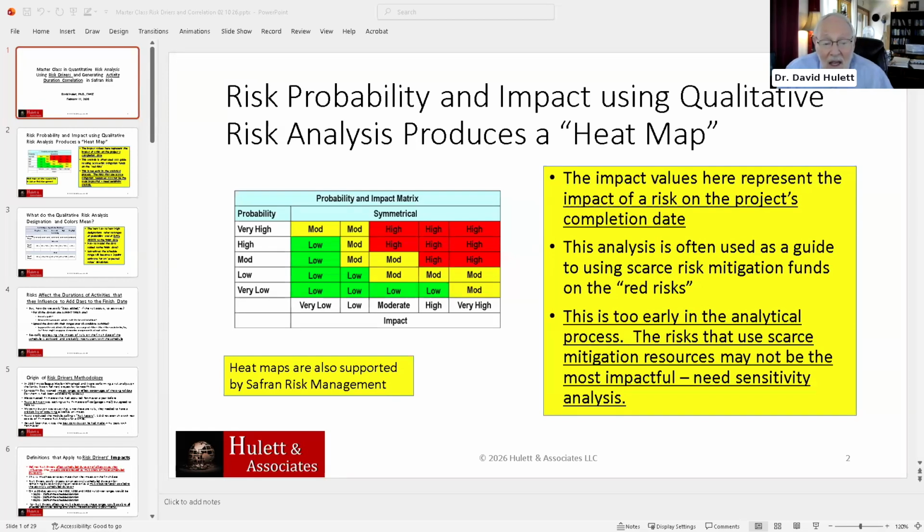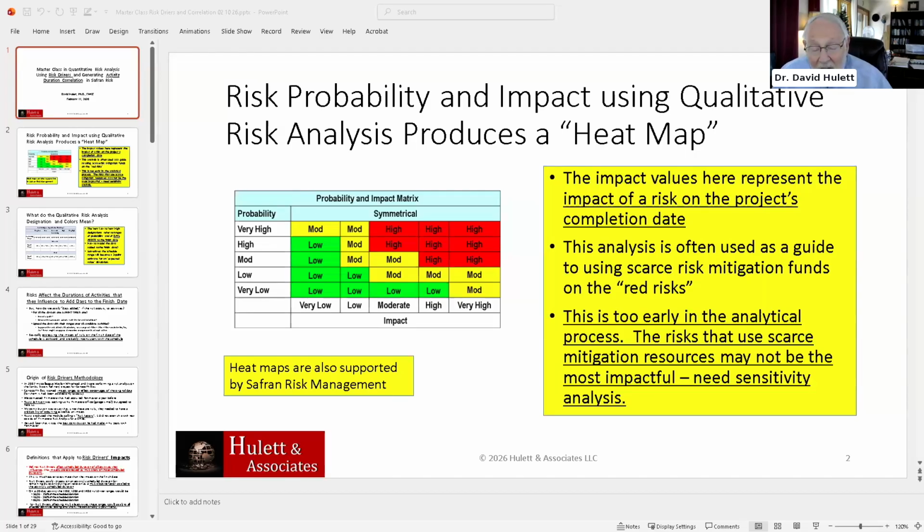But this is the important point: this impact is, if the risk occurs, how will the finish date of the schedule, and let's say we're doing it for schedule, how will the finish date of the schedule be affected?